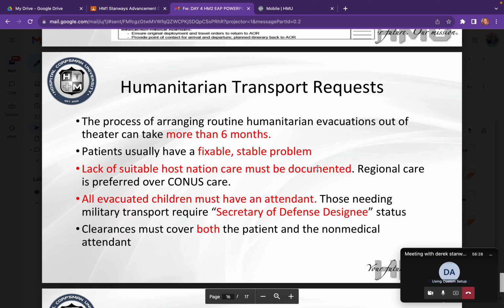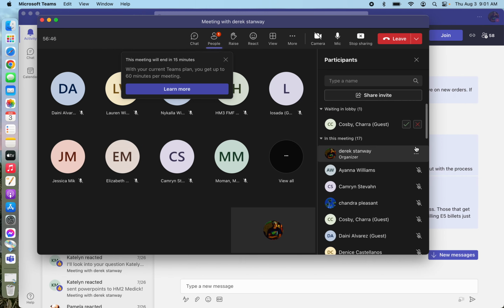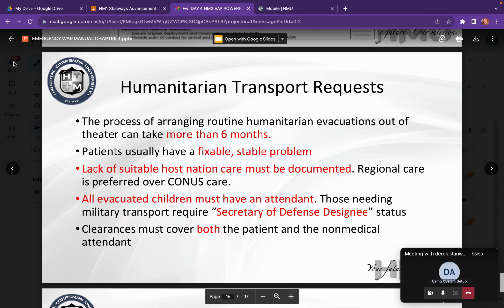Once those patients have gone through the system, their medevac requests have been placed, validated, and their flights have been sourced, they'll meet a couple hours before the flight with the AELNOs or the liaisons, and they'll go through this checklist with them to make sure they have all these things. Prior to that, those AELNOs have contacted them and said, hey, this is what I need from you, A, B, C, and D. They'll set them up a couple hours before the flight, go through the checklist, make sure they have everything they need, and then they'll take them out to the flight line and push it forward.